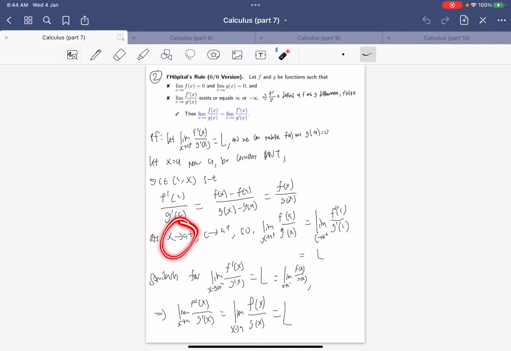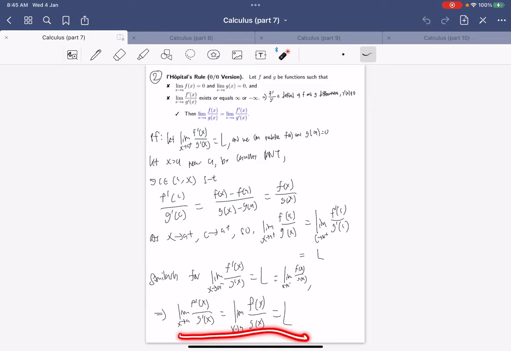As x approaches a from the right, c will then approach a plus too, because the interval gets closer and closer to a plus. And so the limit of f x over g x as x approaches a plus will equal the same limit as c approaches a plus of f prime x over g prime x. And similarly for the left hand side.